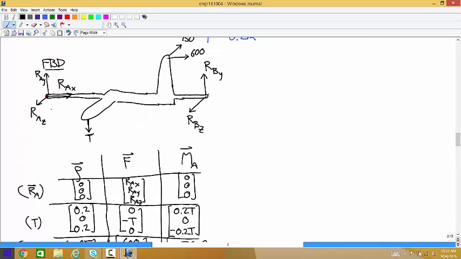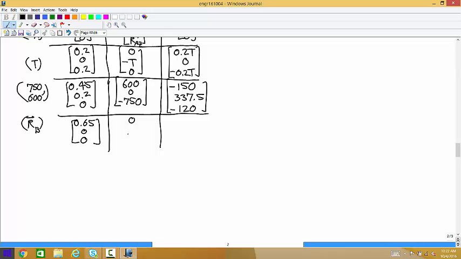The forces are 0 in x, RBY, RBZ. So you get 0 for the x component, negative 0.65 RBZ for the y component, and positive 0.65 RBY for the z component.